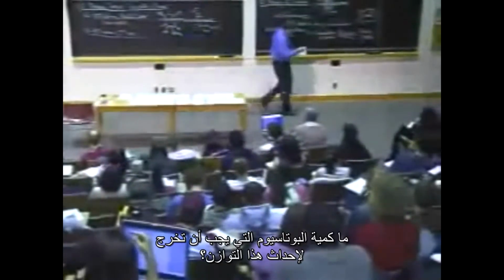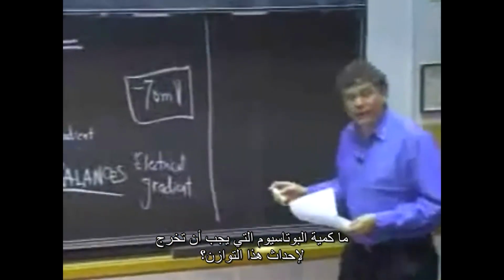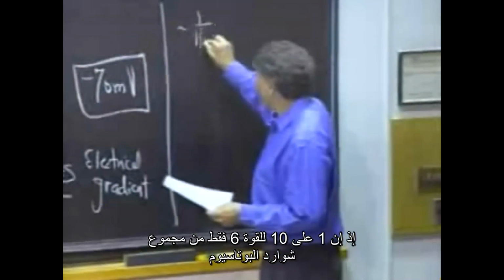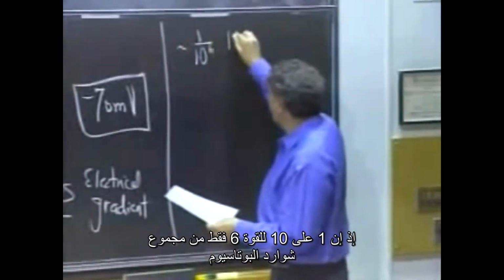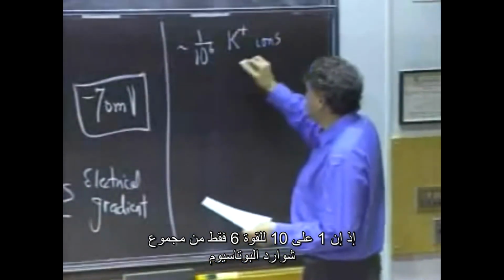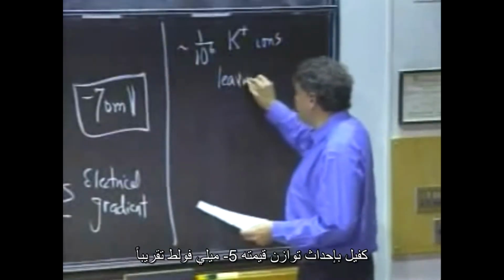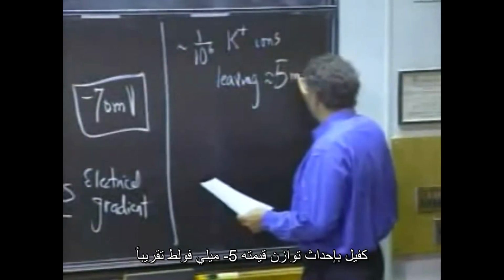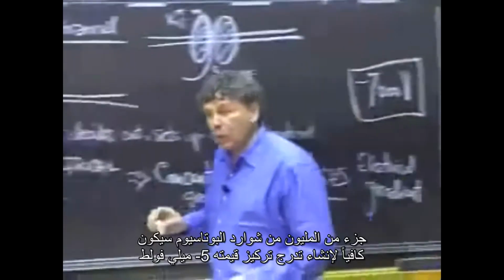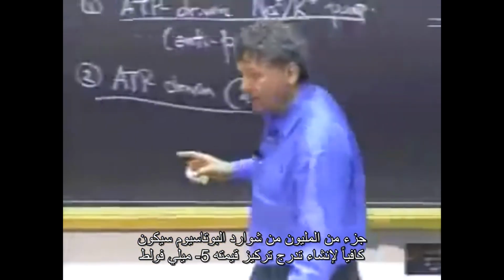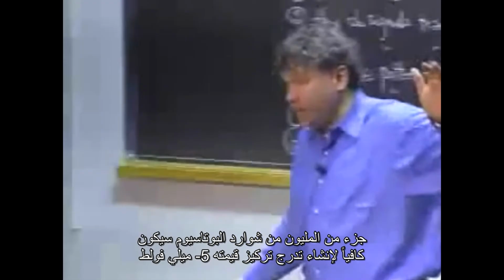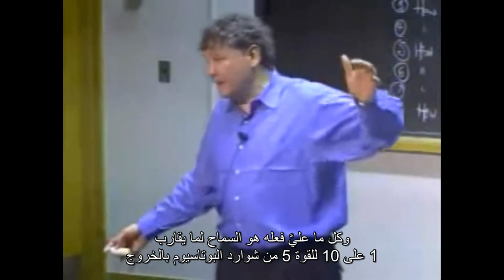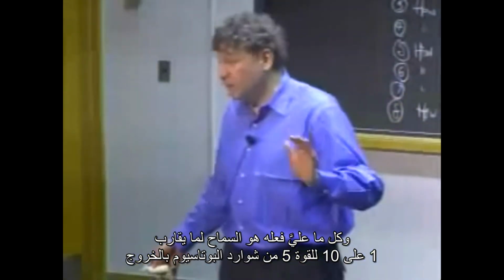Very good. So how much potassium, by the way, has to rush out to set this up? It turns out a trivial amount. It turns out that about 1 part in 10 to the 6th of all the potassium ions leaving sets up a gradient of about 5 millivolts. So all I've got to do is set up about, less than, maybe about 1 part in 10 to the 5th of all the potassium ions leaving.